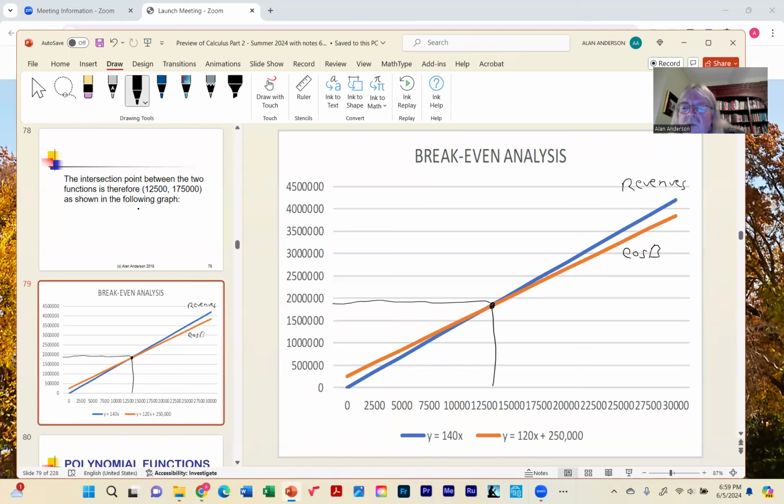So if they keep making more and more helmets, you can see that because the blue line is above the orange line, this is where we're making profits. Break even here, profits are zero. Down here, I guess you could think of these as negative profits or losses.